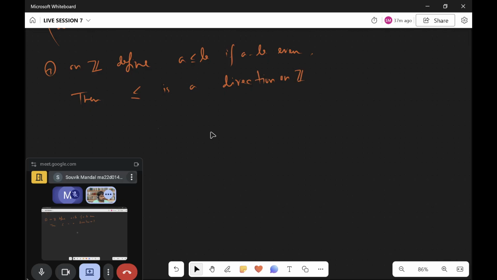Now the next question. On Z, we are defining a relation: a less than or equal to b if a minus b is in N. Then this relation is a direction on Z. True or false?